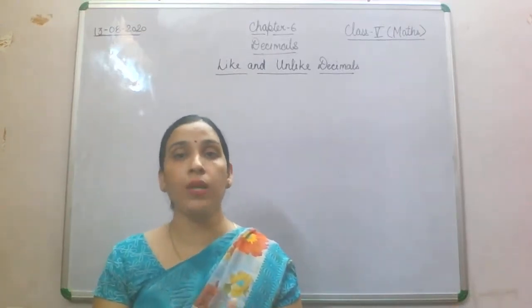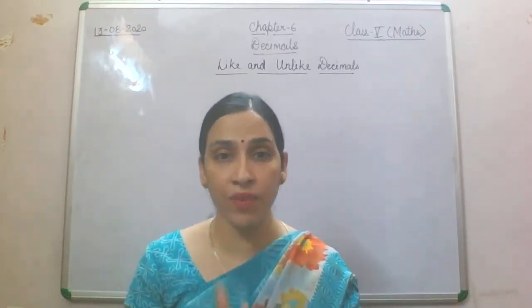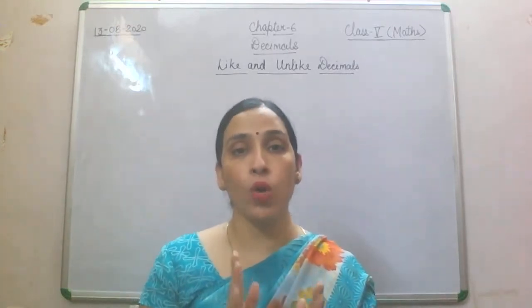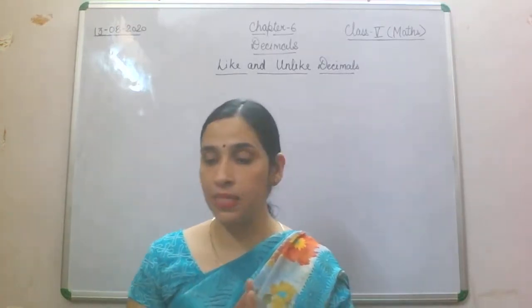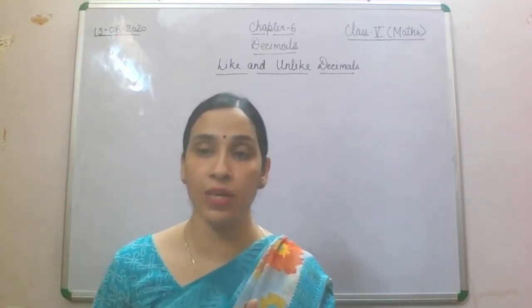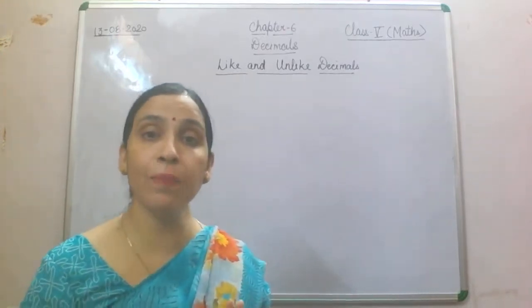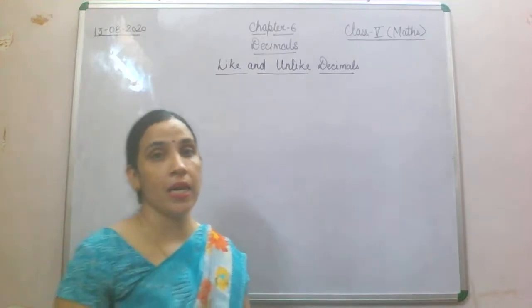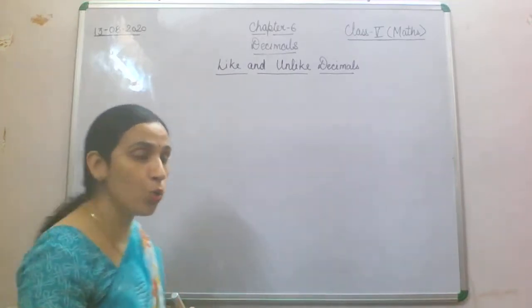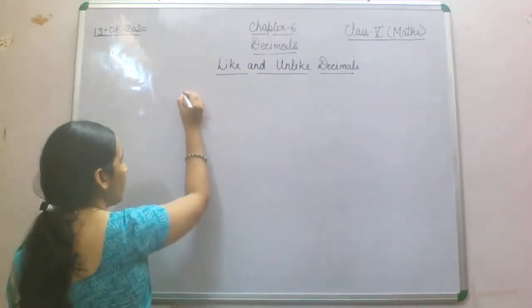So first of all, the definition of like decimals. Now what are like decimals? Like decimals are those decimal numbers which have the same number of decimal places.